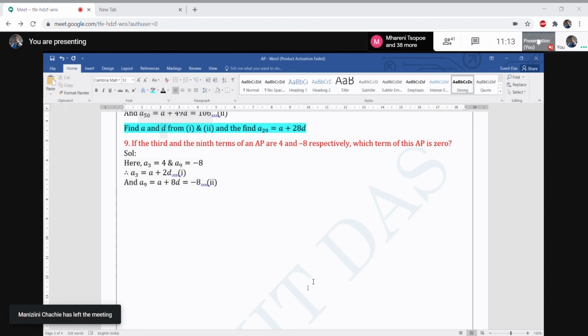We'll do equation 2 minus equation 1. So basically it will be A plus 8D minus A plus 2D, which is equal to minus 8 minus 4.